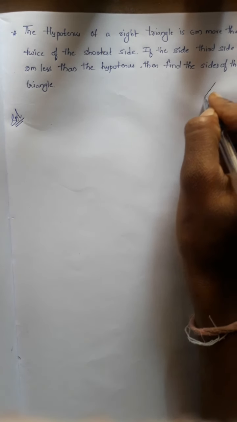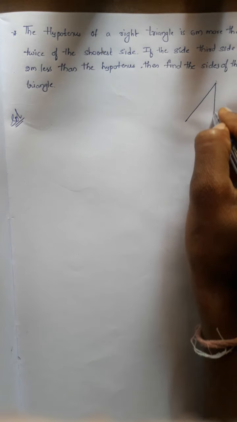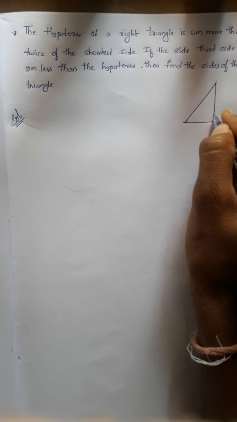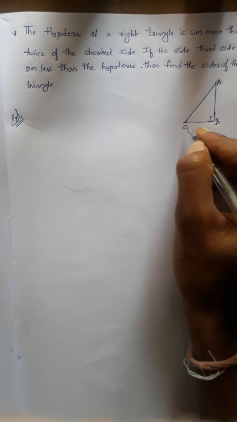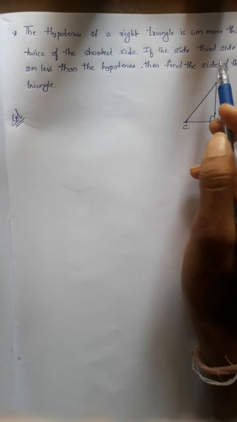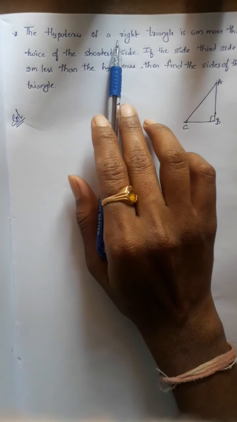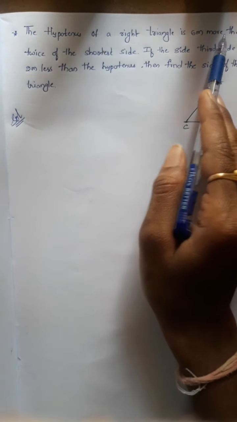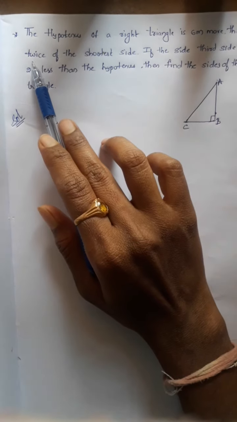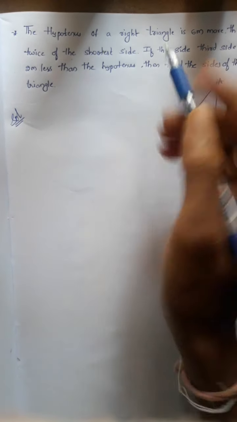First we need to draw the triangle, right? Which triangle? We need to draw the right angle triangle. Here is the right angle, and I am taking A, B, C. The hypotenuse is 6 meters more than twice the shortest side.